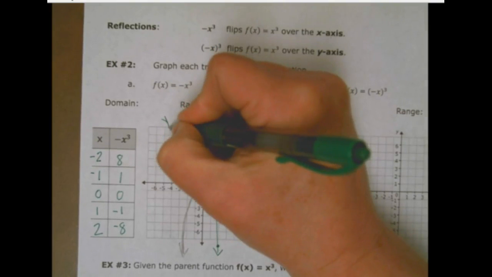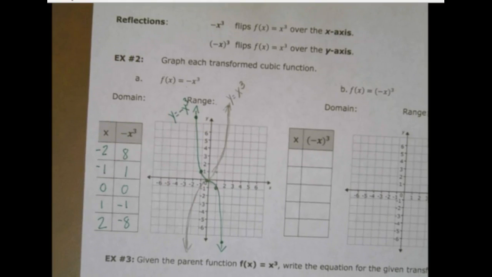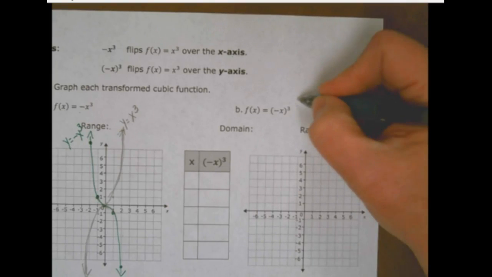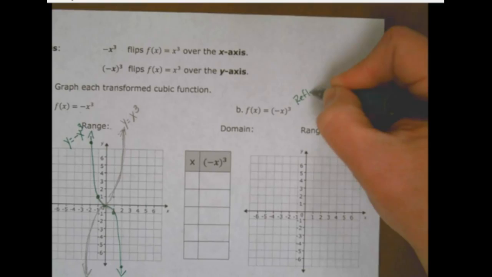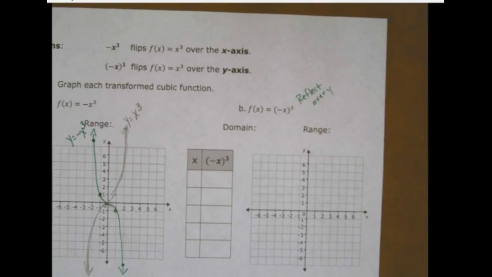This is the reflection graph. But what does a negative sign right here do, where it's in parentheses with the x? So, how do you do that? Keep up.